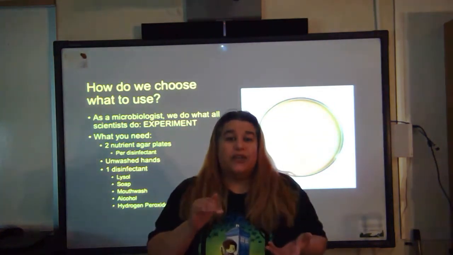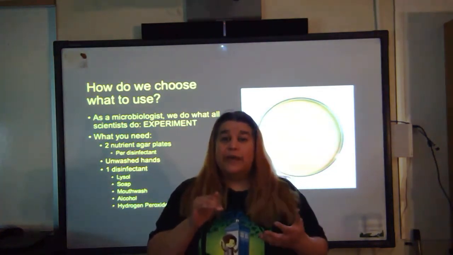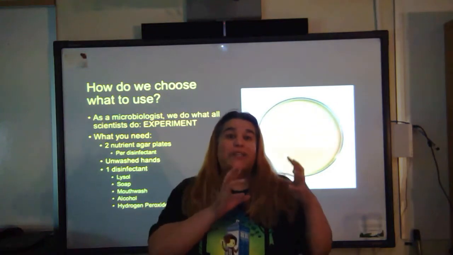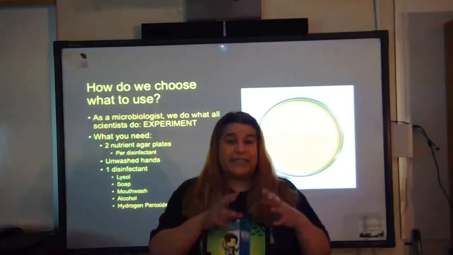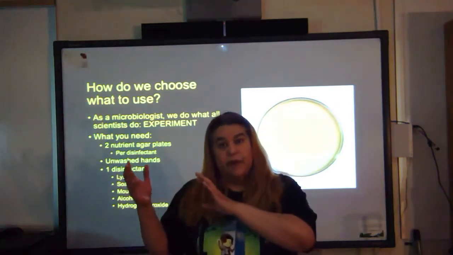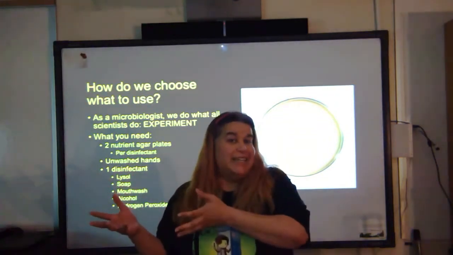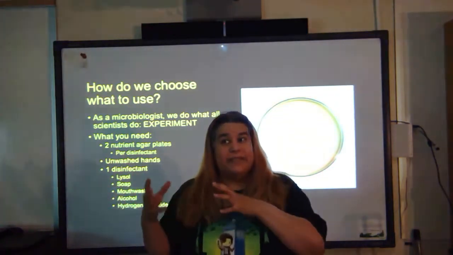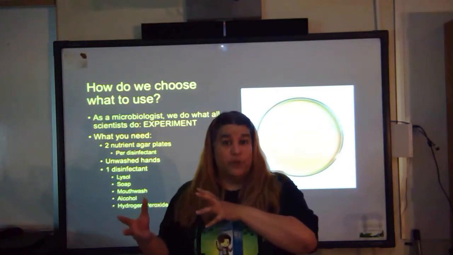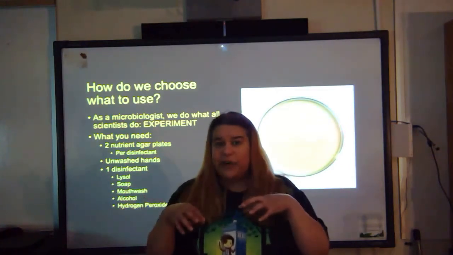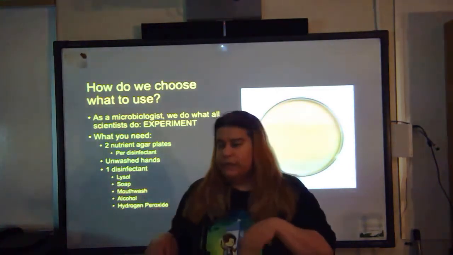Now, why is it the control? It's the control because we need to know what we start with to see how effective our antiseptic is. Is it effective after we use it? How many bacteria are there after we use it?